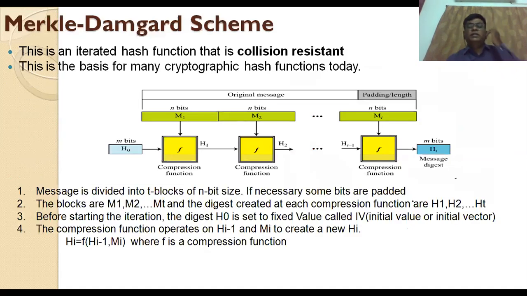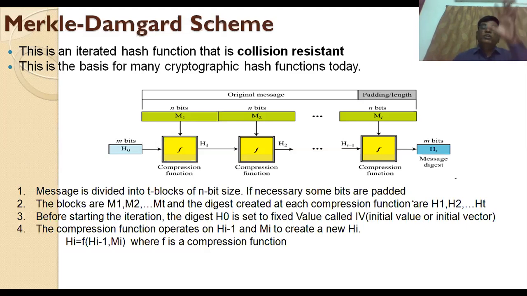We have another scheme that is called the Merkle-Damgard scheme. This is also an iterated hash function, as I explained before, that is collision resistant. Sometimes two different messages can have the same hash value.